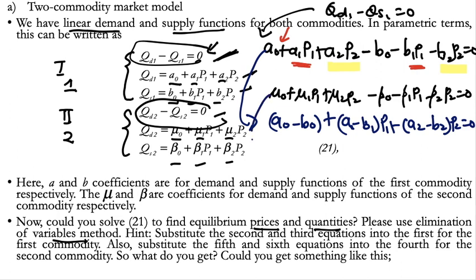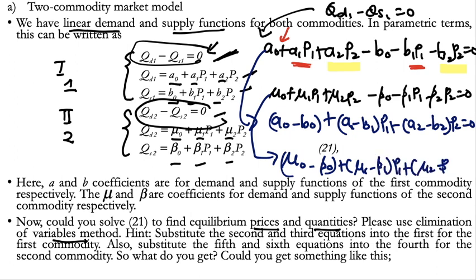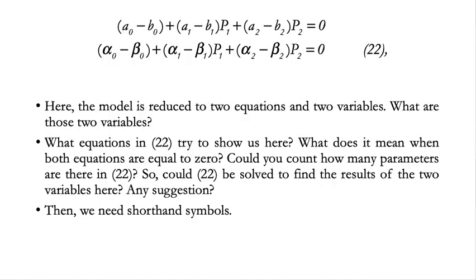Same thing as this: alpha naught minus beta naught plus alpha 1 minus beta 1 P1 plus alpha 2 minus beta 2 P2 equals 0. After you simplify, it becomes easier for us to find the answer. So if we write it neatly, this is what I meant just now.